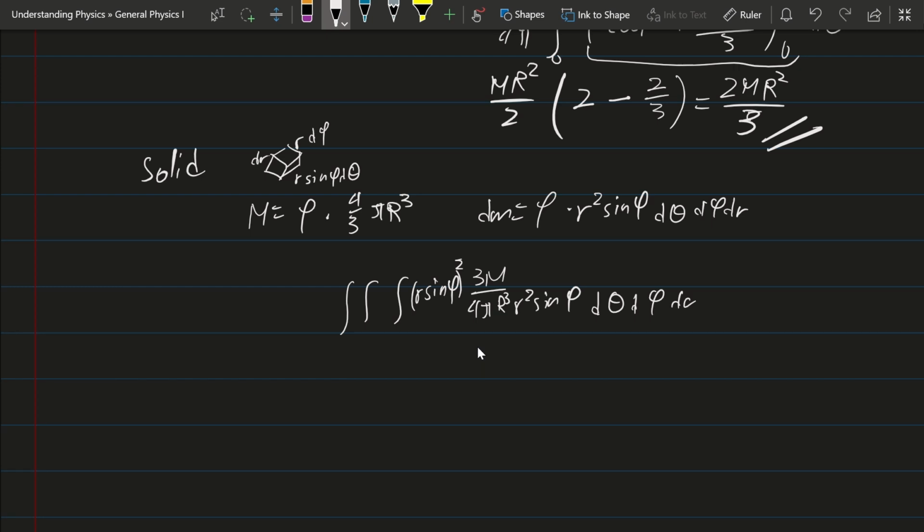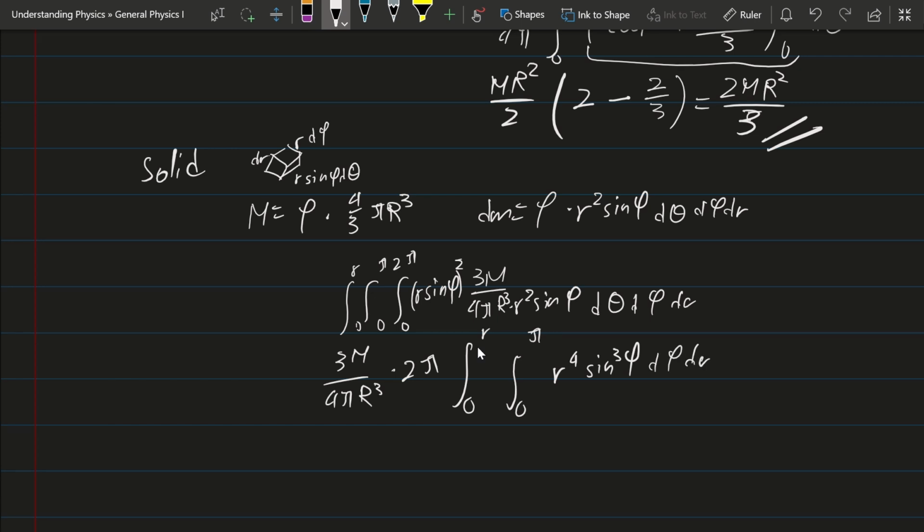Trying to solve this, we could just remove all the constants out, defining the boundaries as well, 0 to pi, 0 to r. This 2 pi would later be filtered out, so this will be later multiplied by 2 pi, integral from 0 to r, the integral from 0 to pi of, let's see here, we still have r squared, so it's r to the power 4, sine squared, so it's sine cubed phi, dr.